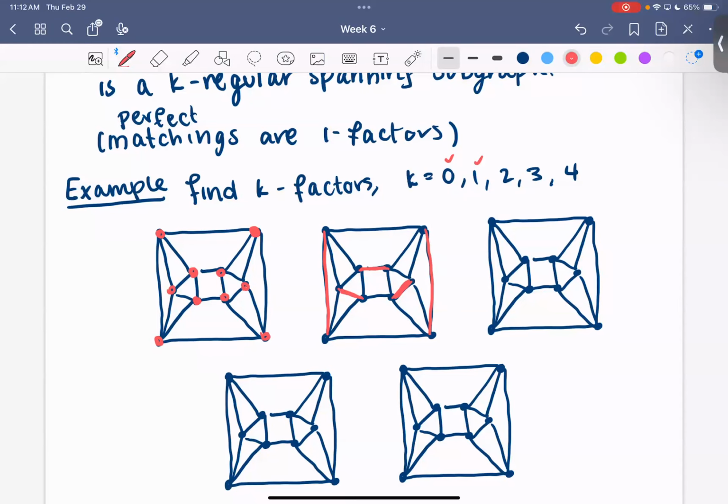How could I find a 3 factor? Yeah, because this one's special because it's 4 regular, right? So I can take the complement and get a 3 factor. So just highlight that here.